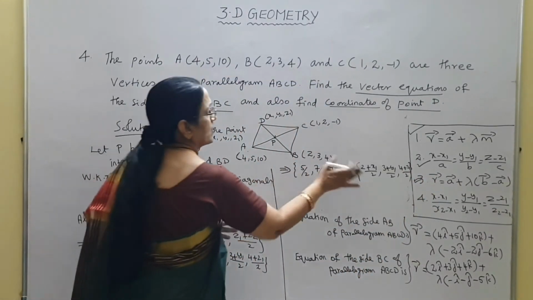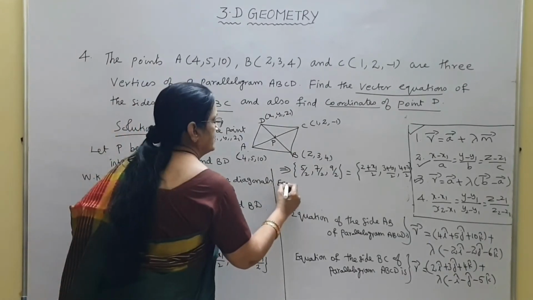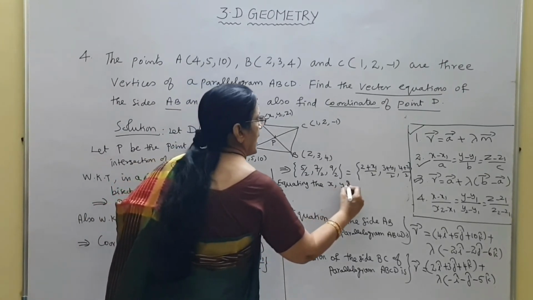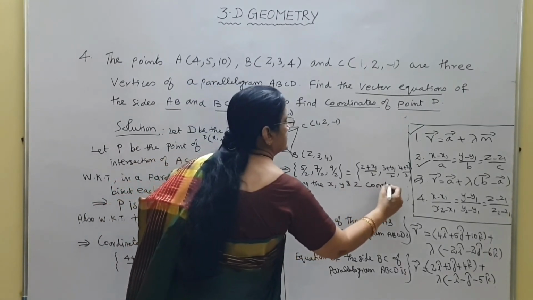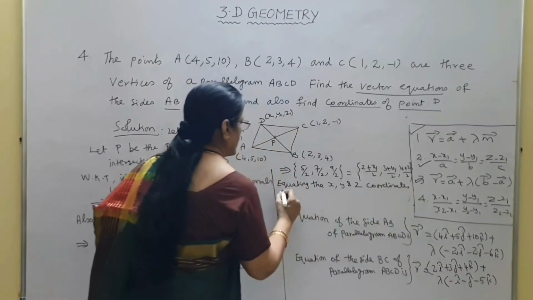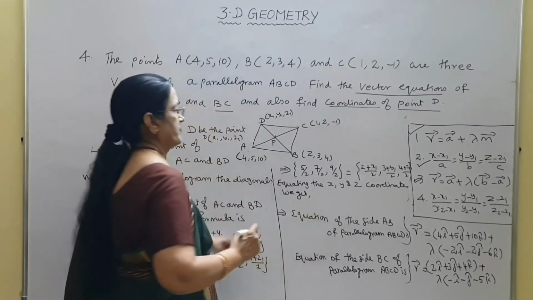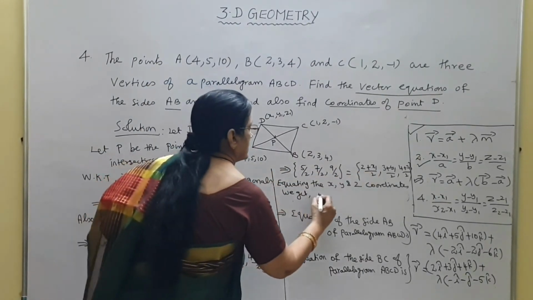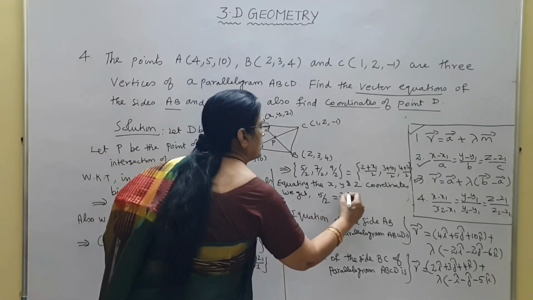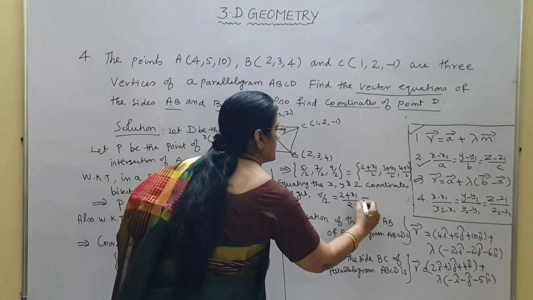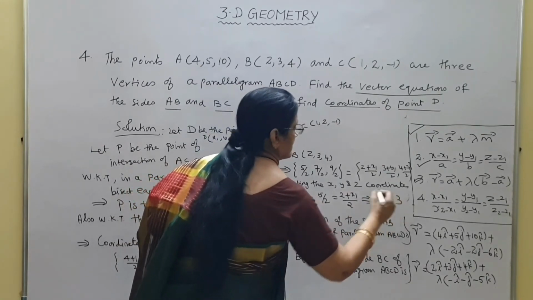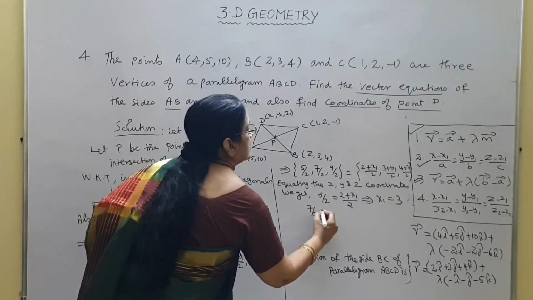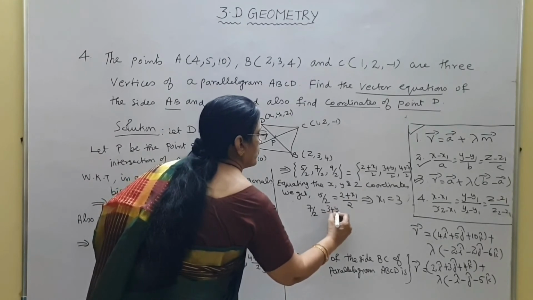Because both are the coordinates of P, equating the x, y and z coordinates, we get 5 by 2 is equal to (2 plus x1) by 2. This implies x1 equal to 3. Then 7 by 2 is equal to (3 plus y1) by 2.